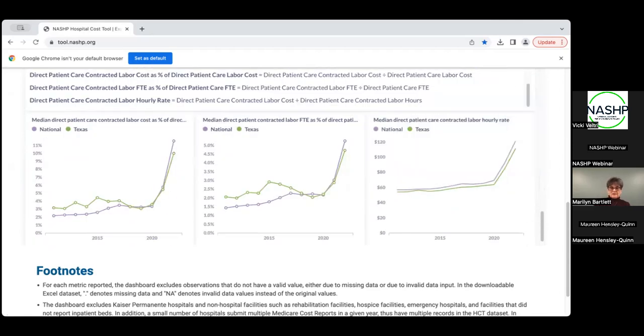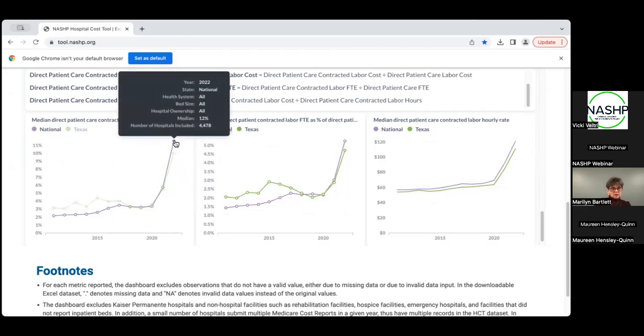Finally, within a state, because states we're looking at contracted labor. Now, this is Texas. And the first is we look at, of the direct patient care labor cost, how much of it was contracted labor cost? National is coming in at 12%. So 12% of direct patient care labor, the median, 12% of it was contracted labor.